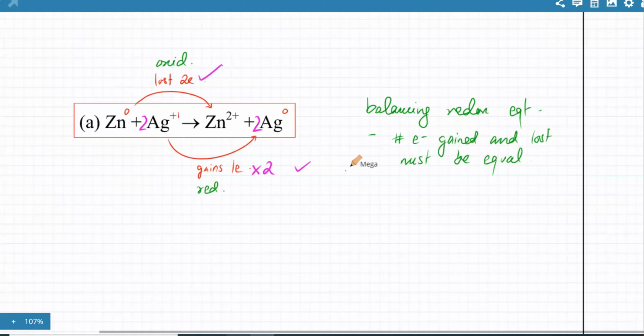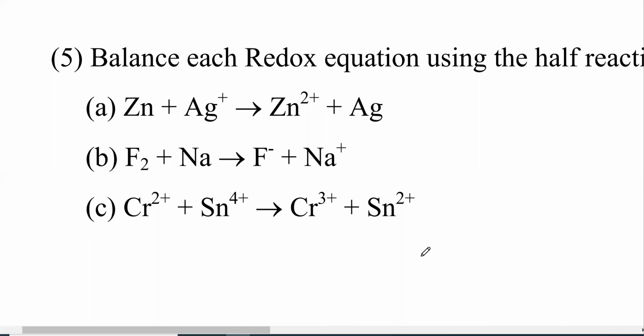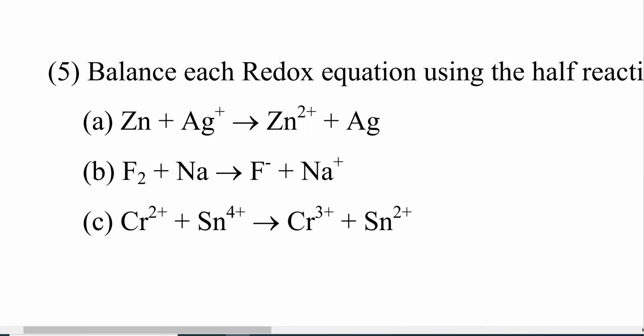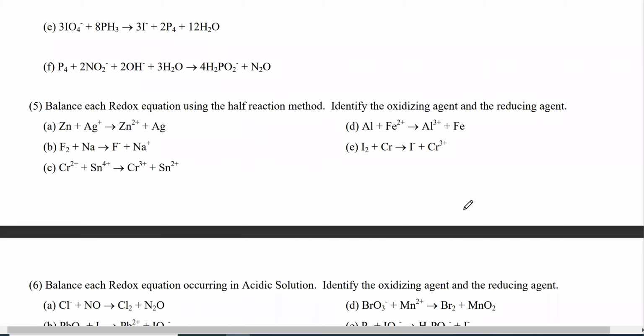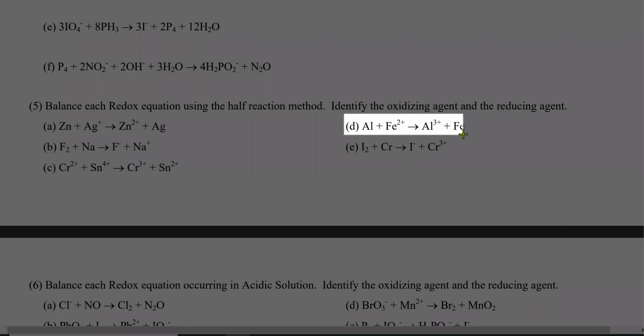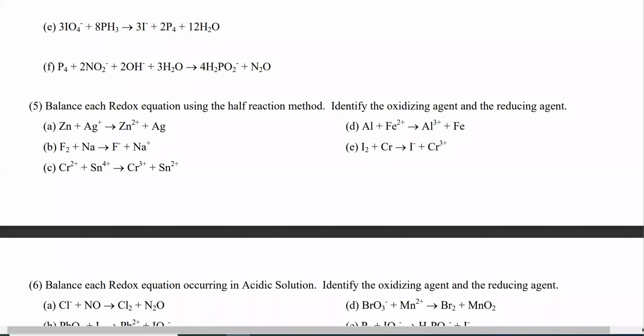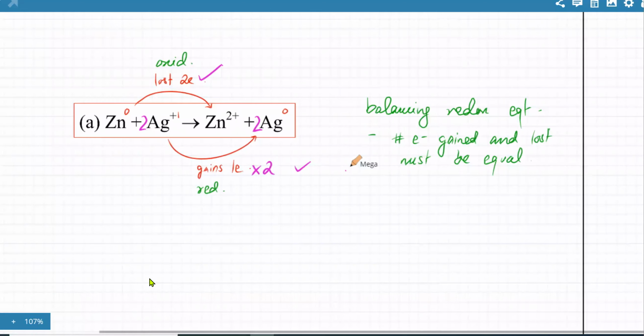And we can try this on another one. We can start off with simple ones. Let's try and balance this one. Take another simple equation.